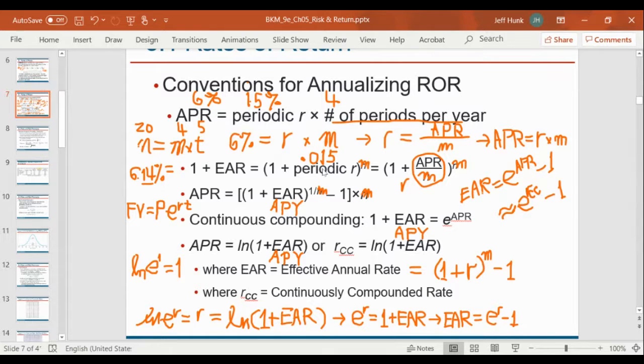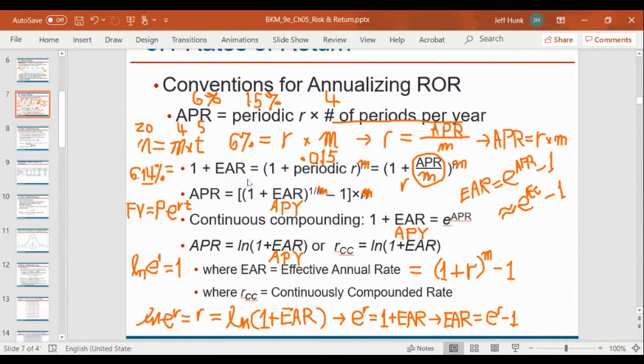So we easily understand how to get the effective interest rate: 1 plus EAR is 1 plus the periodic rate R raised to M. Of course, for the EAR alone you must subtract 1.